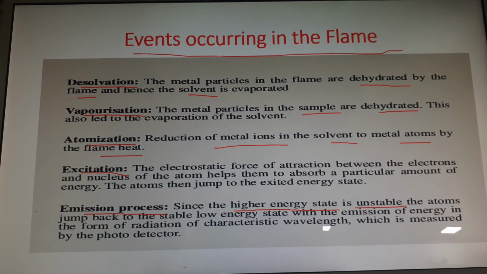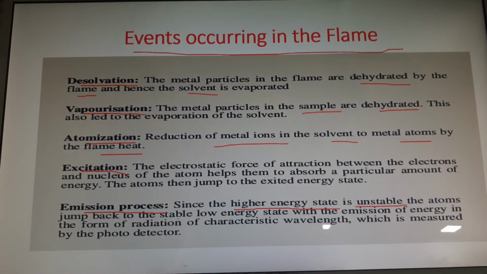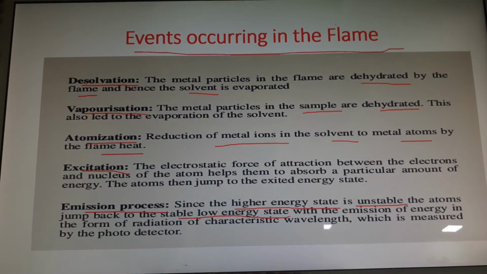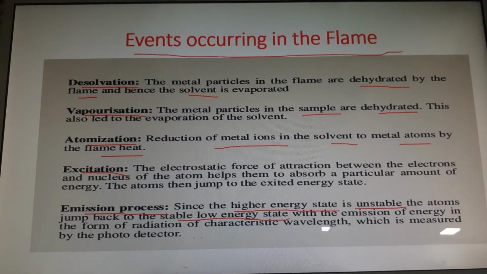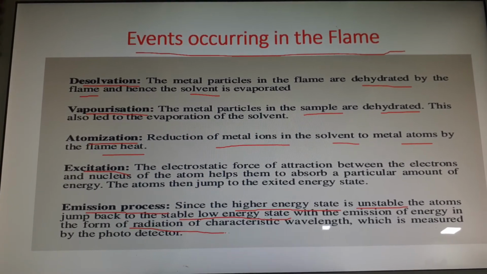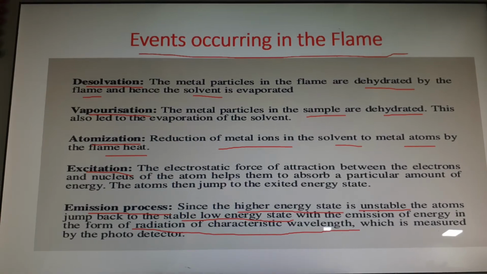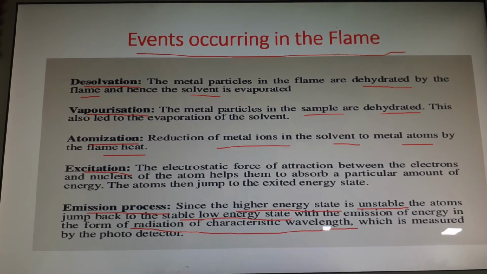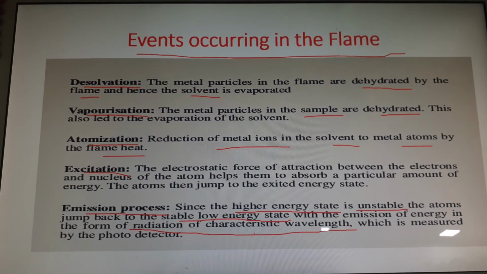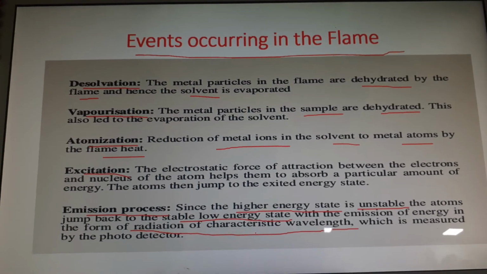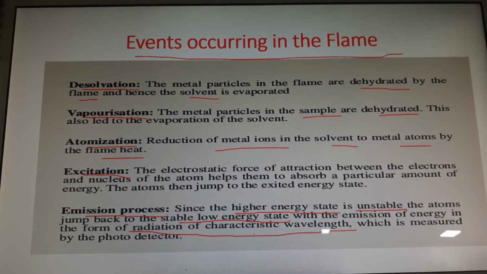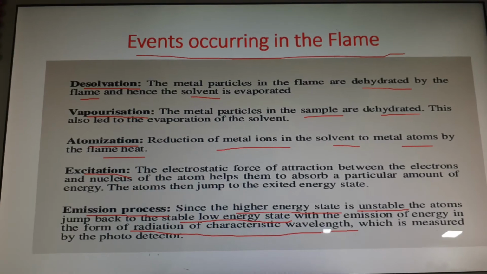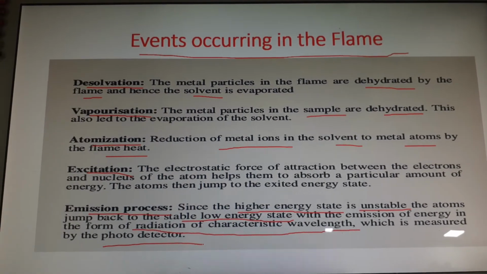When the atom jumps back to the stable low energy state, it emits energy in the form of radiation of characteristic wavelength. Why is it called characteristic wavelength? Because it emits the wavelength of whichever metal ions are present in the flame, and this is measured by a photo detector.